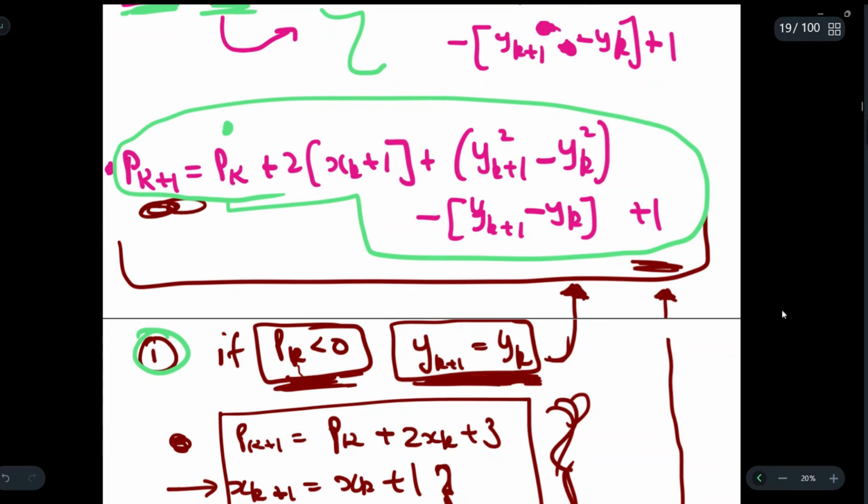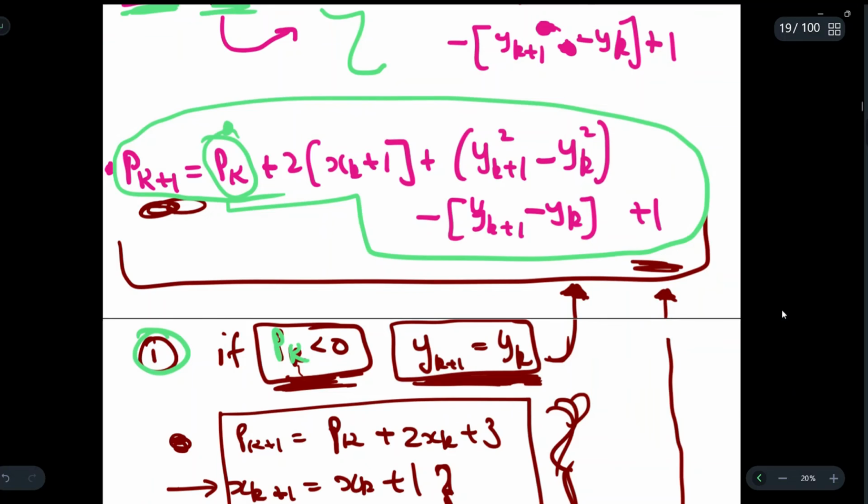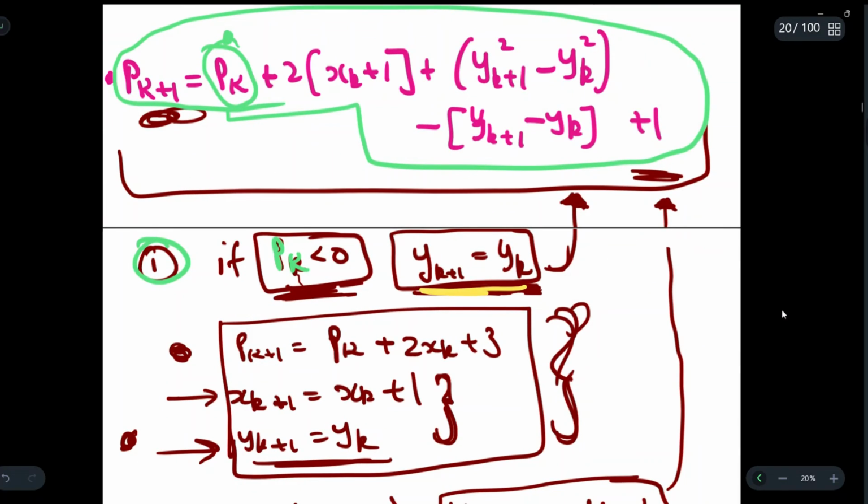Now in this equation we will consider 2 cases. Suppose the value of pk is less than 0, then we will consider the value of yk plus 1 as yk. And on doing so, we will get these 3 equations by simply substituting the value of yk plus 1 as yk in this equation.